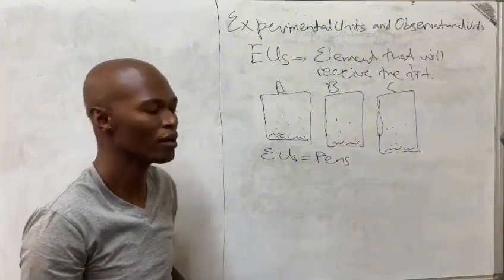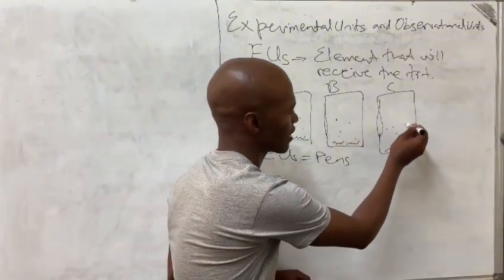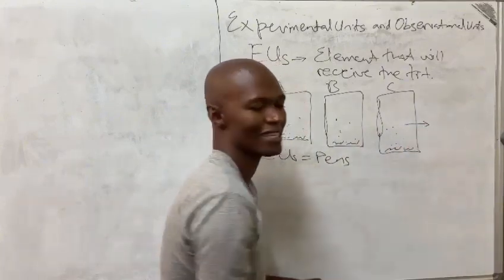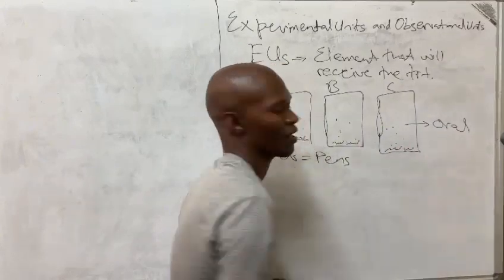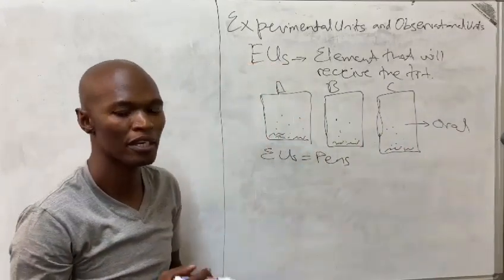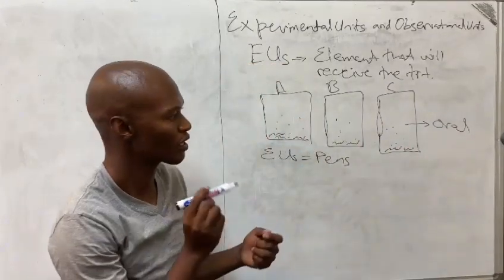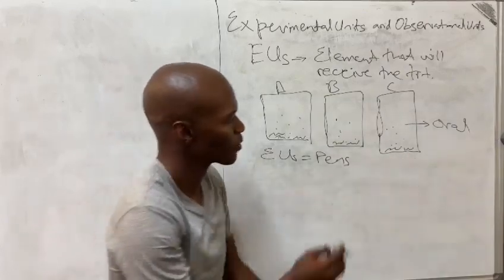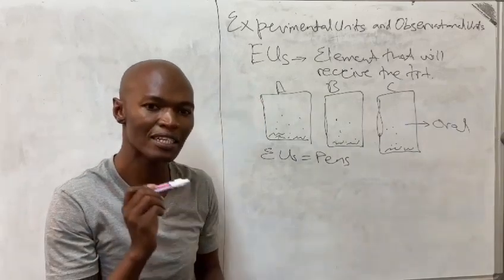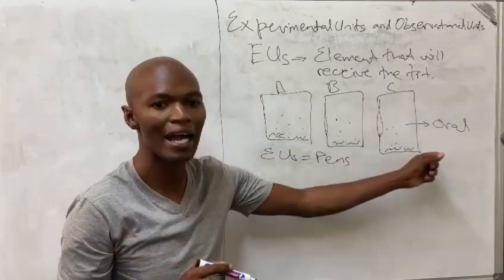But in the example where you are giving these animals the treatment orally, maybe it's a medication, and you give them different levels of medication orally, what received the treatment in this example is the animal.